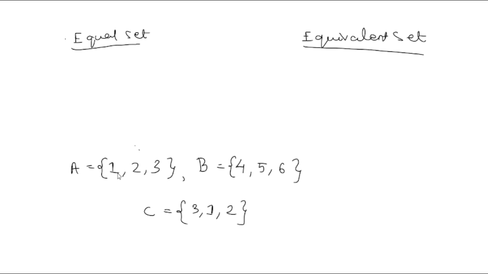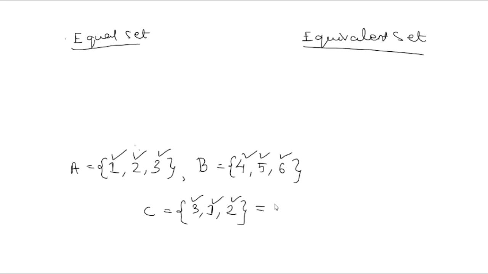Now compare the elements. In the first case, the elements are 1, 2 and 3, and in the set B, the elements are 4, 5 and 6. That means the elements are different from each other. In the case of set C, the elements are 3, 1, 2.